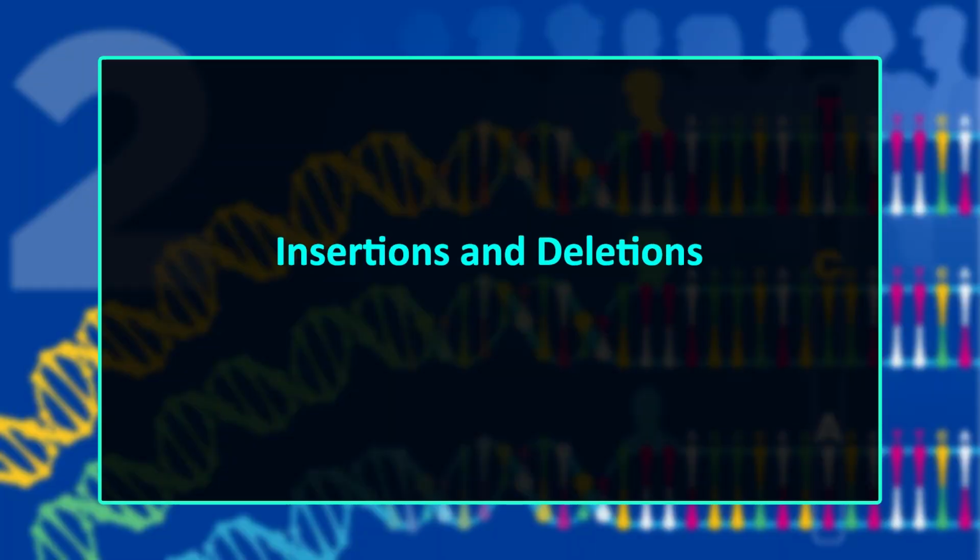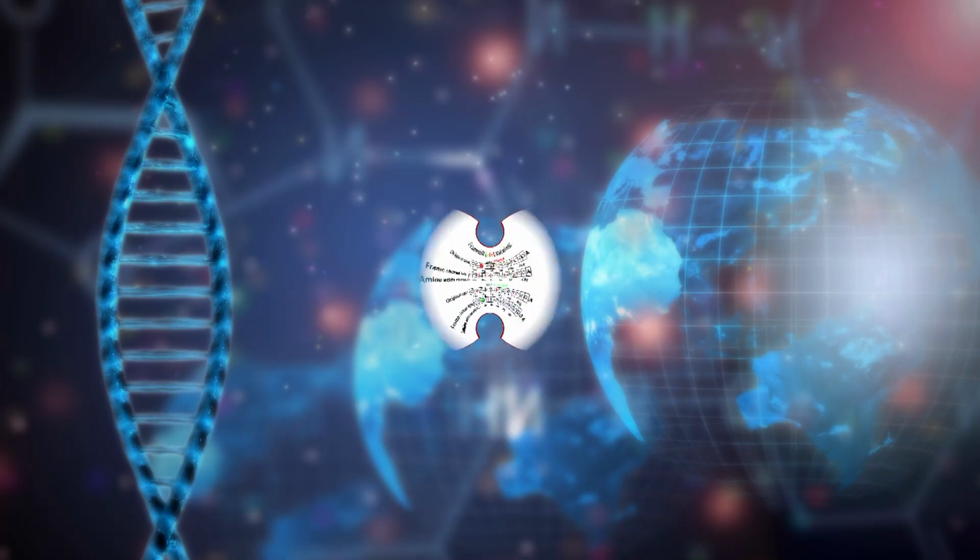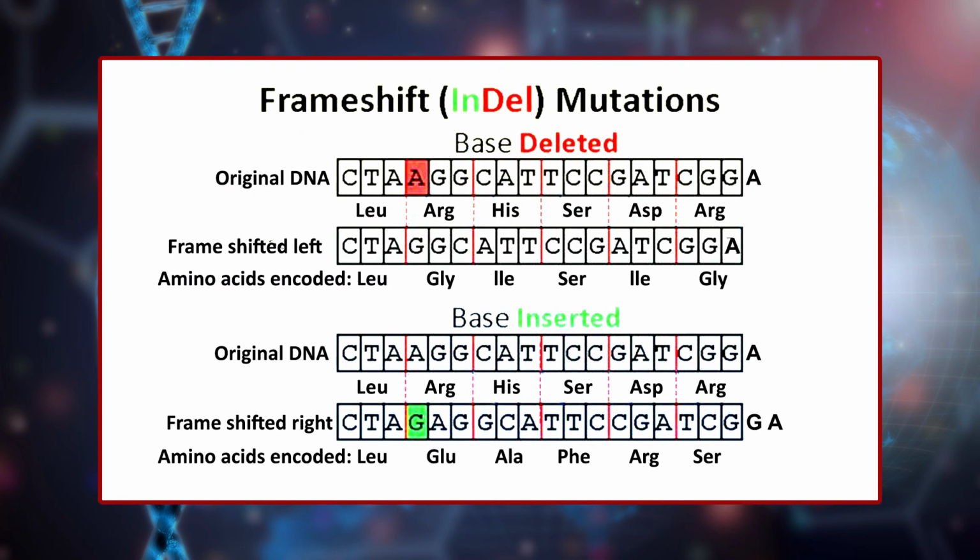Dear students, let's now discuss insertions and deletions. Both are collectively called indels. So indels refer to DNA mutations involving insertion and deletion of one or more base pairs. These can have devastating effects on the gene because either translation of the gene is frame shifted or amino acids are deleted.